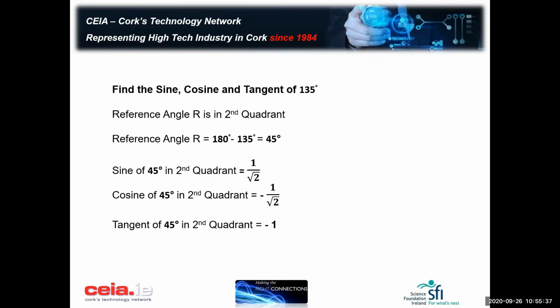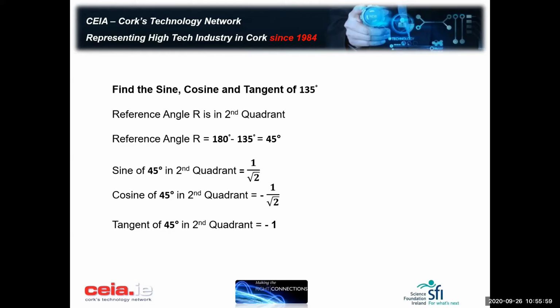Just in relation to the problem we were looking at, the sine, cosine, and tangent of 135 degrees, the reference angle is in the second quadrant. So that's 180 degrees minus 135 degrees, which is 45 degrees. The sine in the second quadrant is positive.